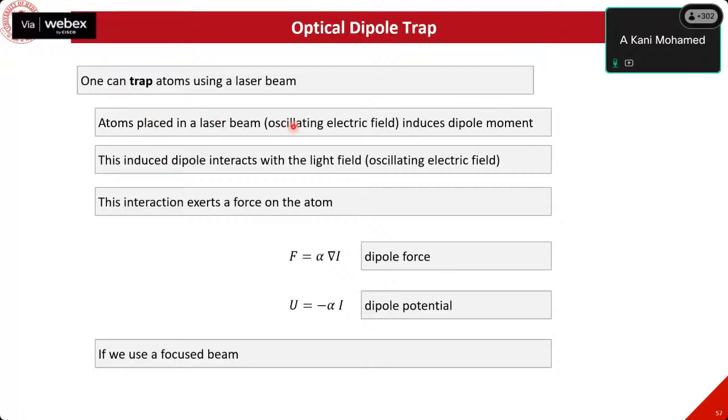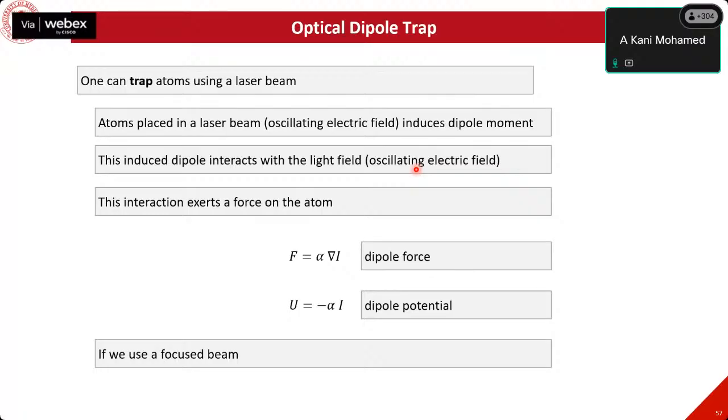This laser light is going to interact with the atom and induce a dipole moment. The oscillating electric field of the laser light induces the dipole moment. Now this dipole moment interacts with the light field, the oscillating electromagnetic field.